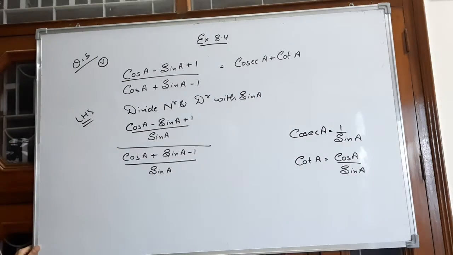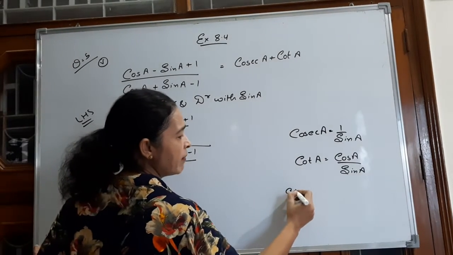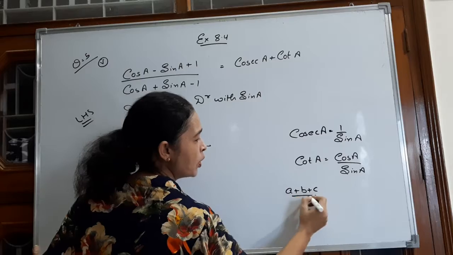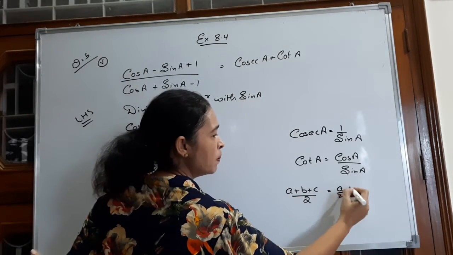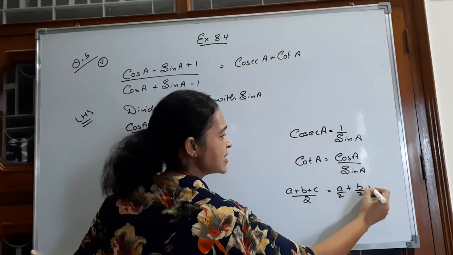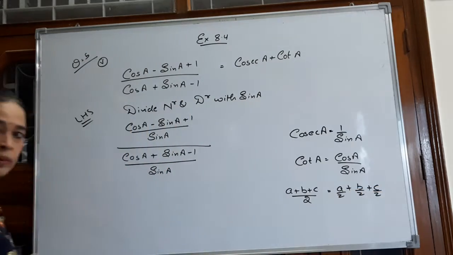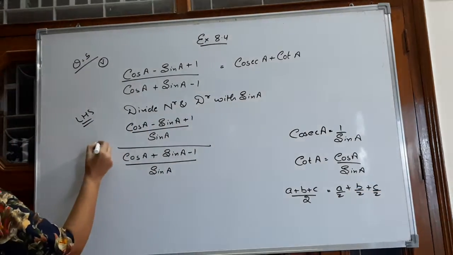Clear? Now beta, if we have (A plus B plus C) upon 2, we can write it as A upon 2 plus B upon 2 plus C upon 2. Clear? What will we do?